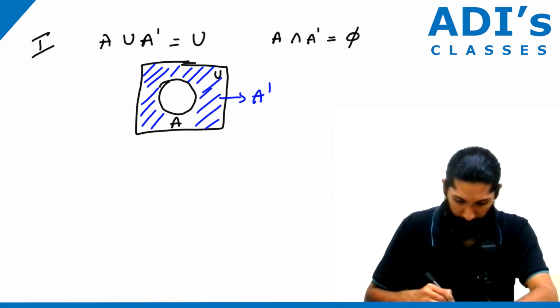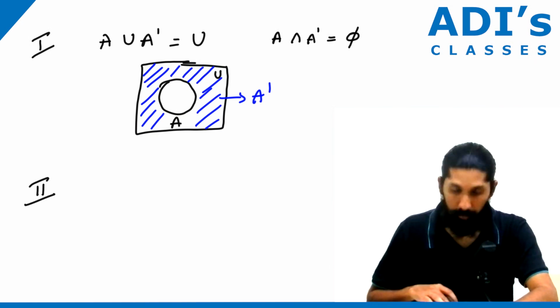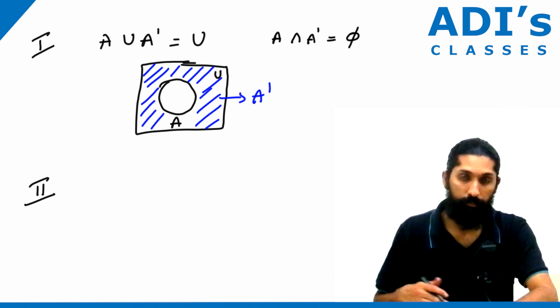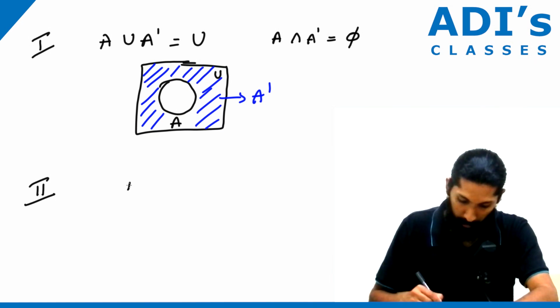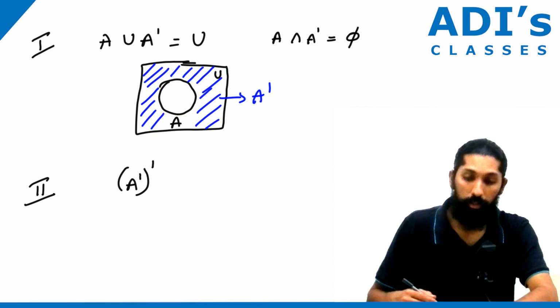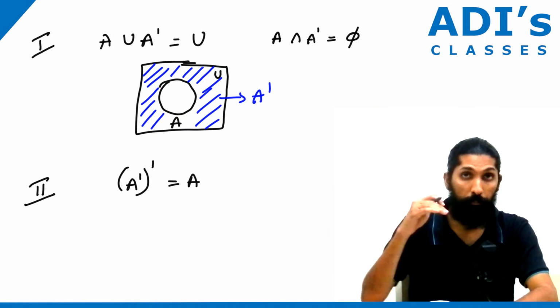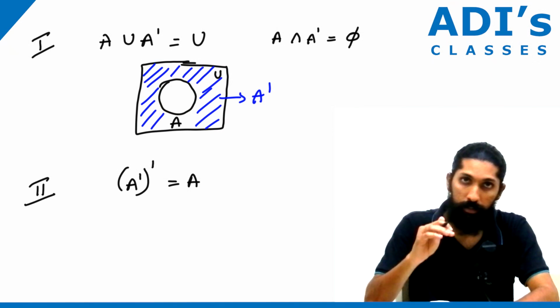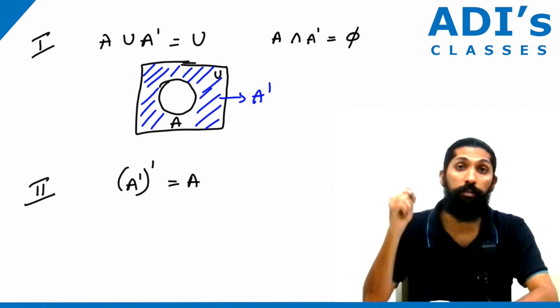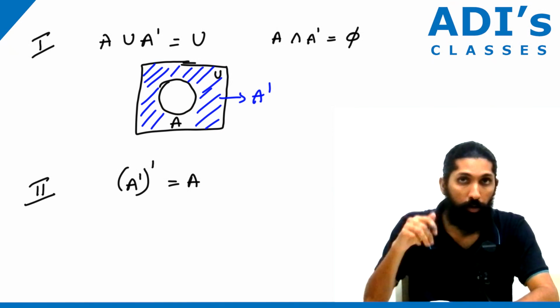For the second property, we are going to deal with double complementation. That is, when we take the complement of a complement, this is going to give us A itself. This is what we call double complementation.